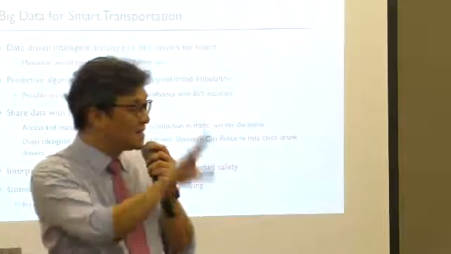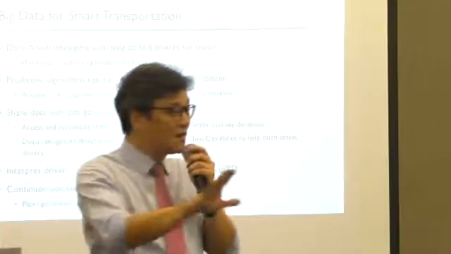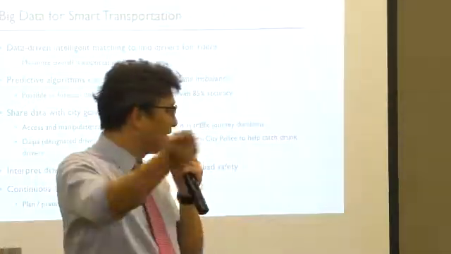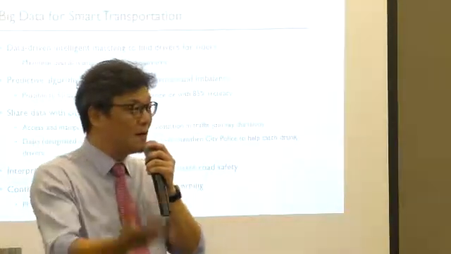Didi has better algorithms than the police, so they know when and where to turn the traffic lights green or red better than the police, creating better outcomes.